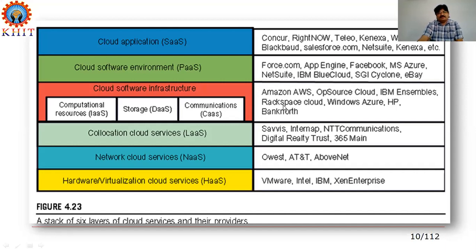Rackspace is one of the familiar clouds. Microsoft Windows Azure is also another cloud service provider. HP is also another cloud service provider. So these are well-known cloud service providers which are offering infrastructure as a service to the end users.